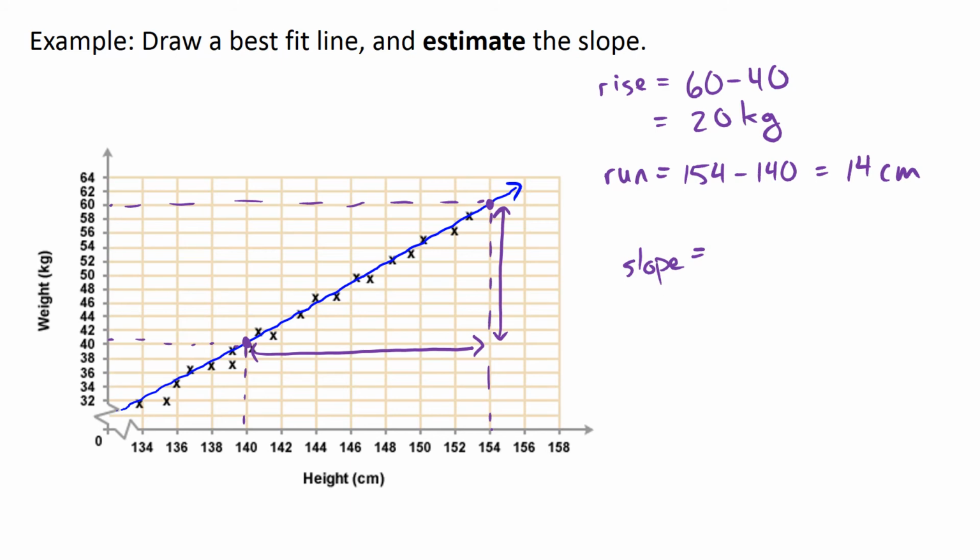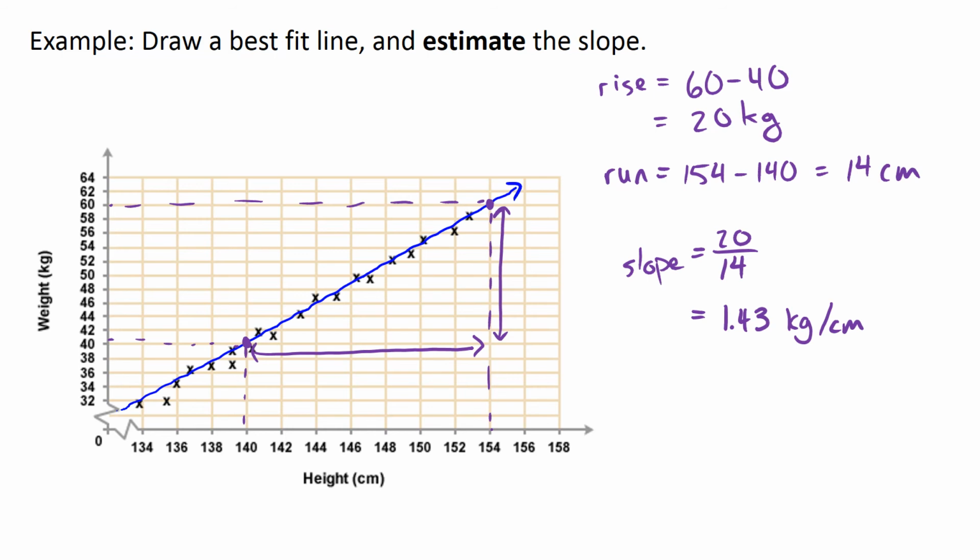So the slope is equal to the rise over the run, or 20 divided by 14, which is equal to 1.4, and I have to round here, 1.43 kilograms per centimeter. So what our slope is telling us is that for every centimeter taller or shorter you are, on average, your weight will change by roughly 1.4 kilograms.